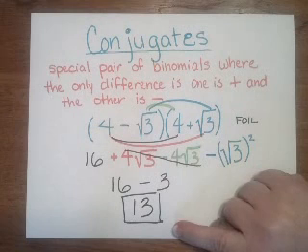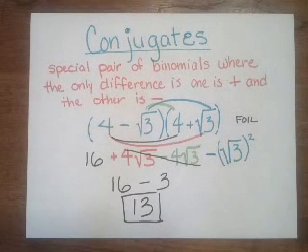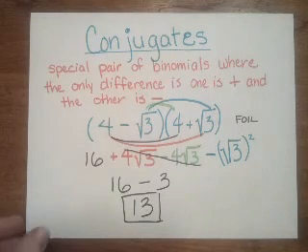This is really important because remember when we talked about simplifying radicals, if we got a radical in the denominator, that was not simplified. So this gives us another tool to be able, in some cases, to rationalize our denominator and come up with a simplified radical expression. So let me give you an example of that.